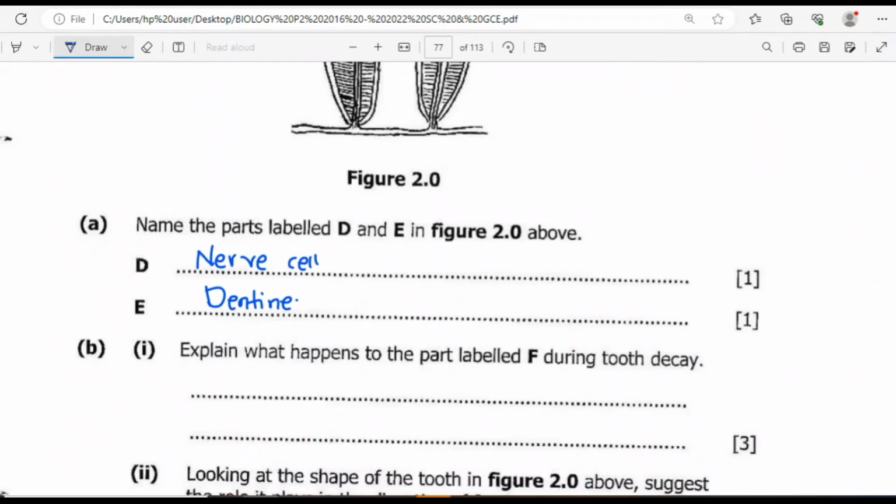Then B1, explain what happens to the part labeled F during tooth decay.